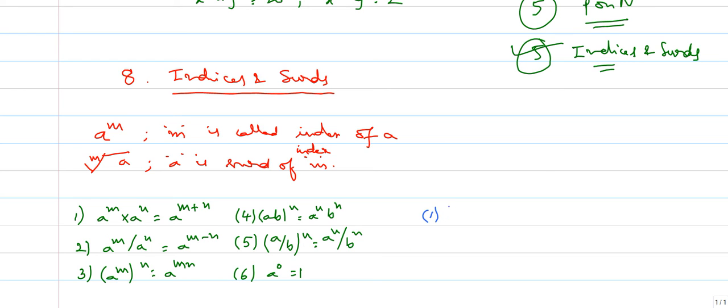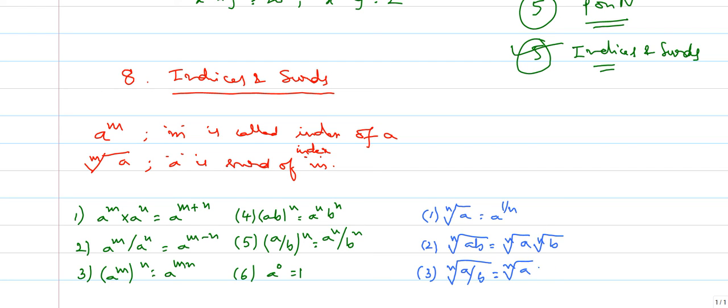Let's go ahead with the laws of surds. The nth root of a is equal to a power 1 by n. The nth root of ab is equal to the nth root of a and the nth root of b. Similarly, the nth root of a by b is equal to the nth root of a by the nth root of b.